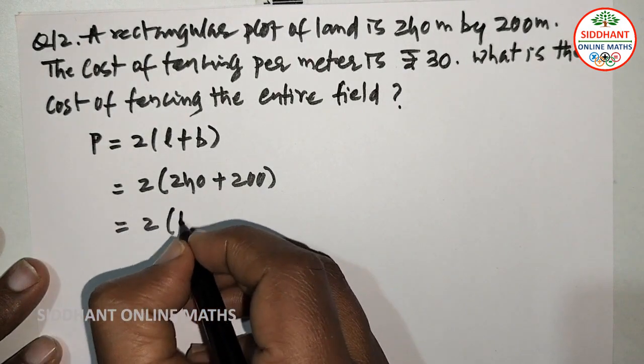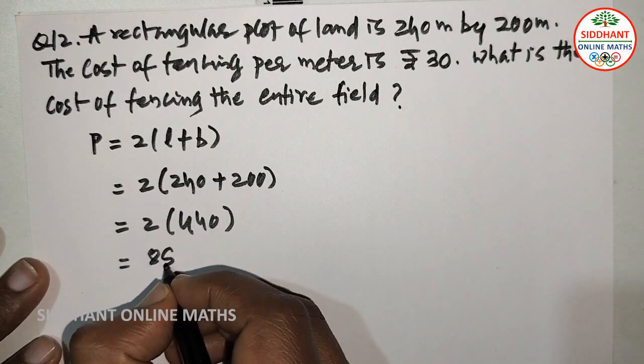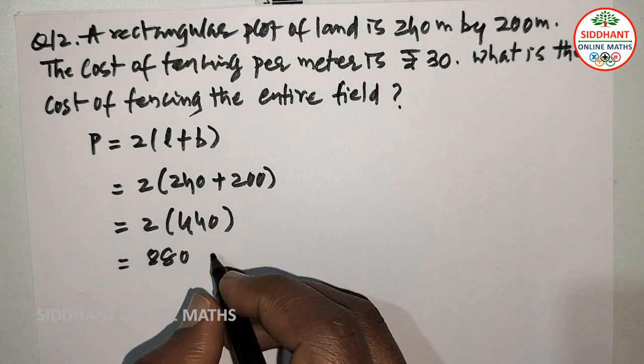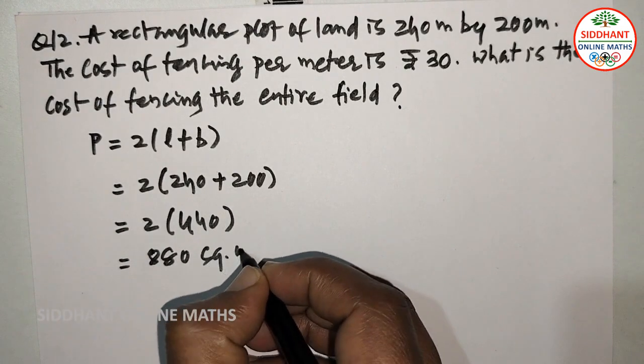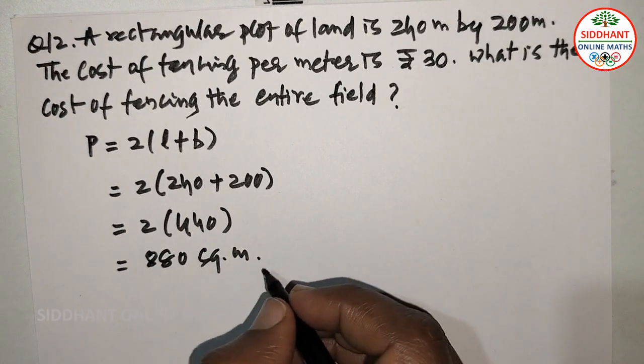That means 2 into 440, that is equal to 880 meters, which is the perimeter of the rectangular plot.